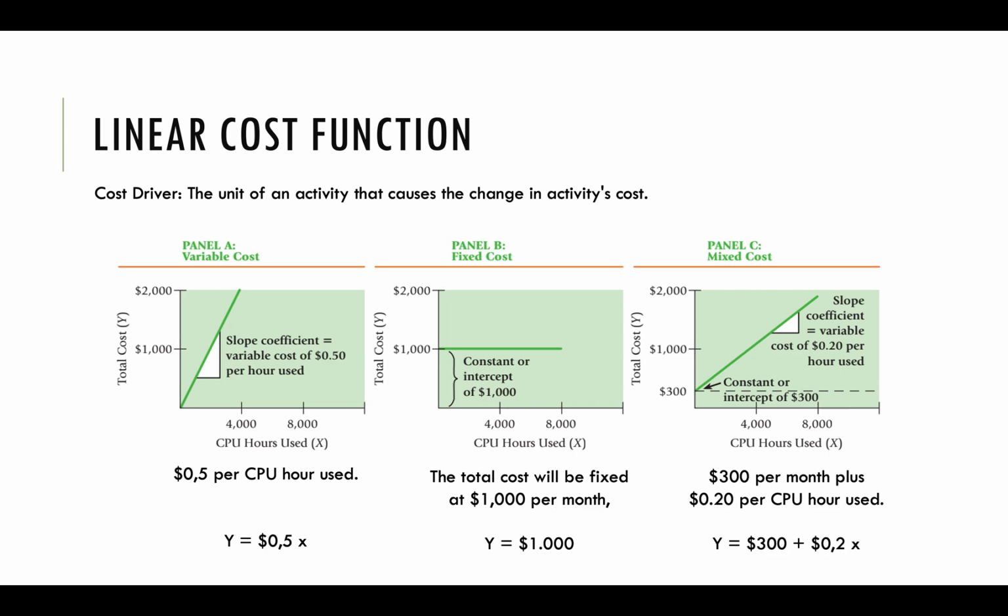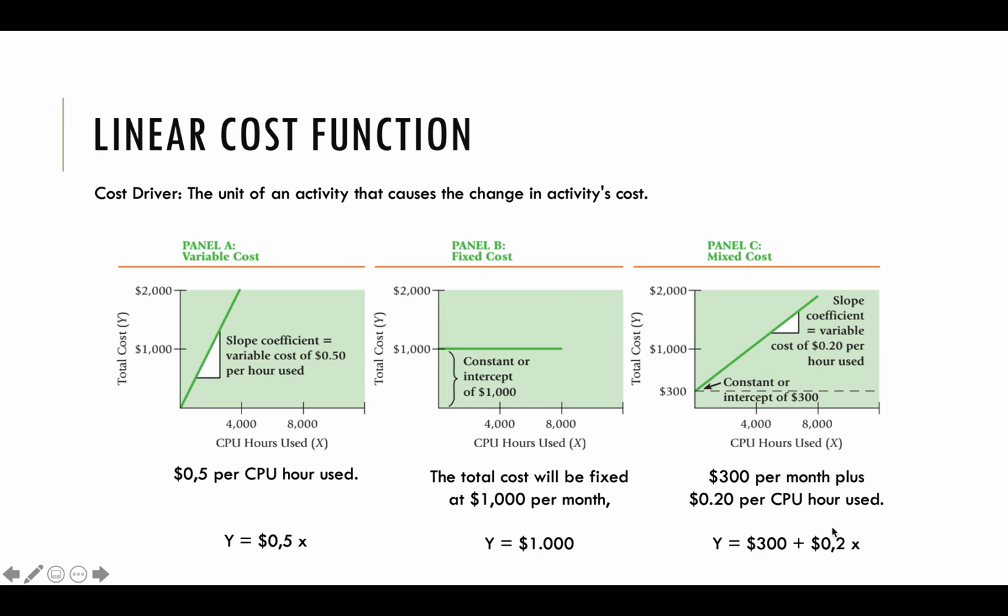And the third panel shows mixed costs that combine variable and fixed costs. For example, the total cost would be $300 per month plus 20 cents per CPU hour use.